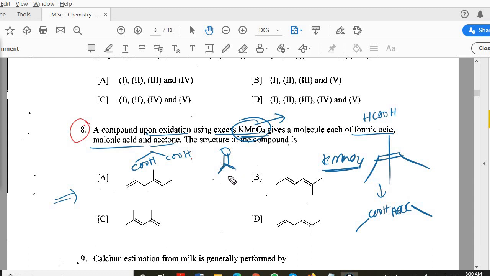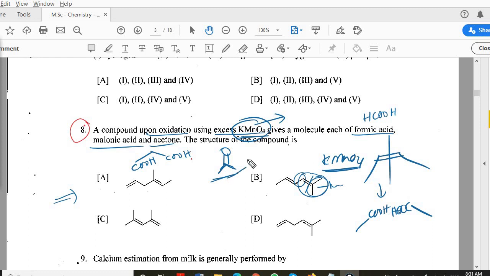If it is a tri-substituted double bond like this, this side will become ketone, and this side will become acid. So one carbon attached to the double bond will give carboxylic acid. A disubstituted double bond carbon will form ketone.